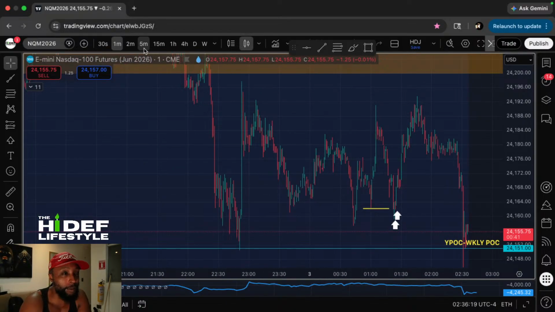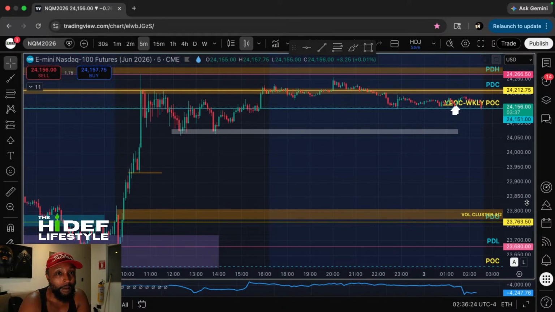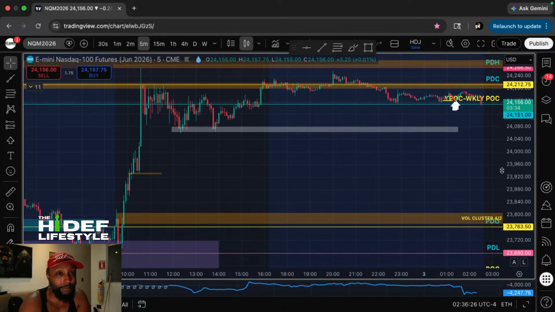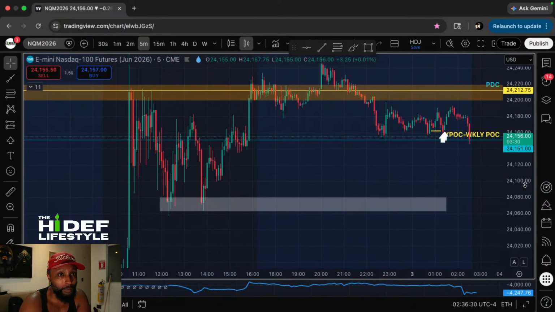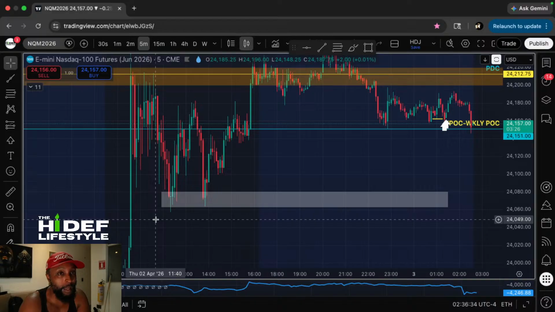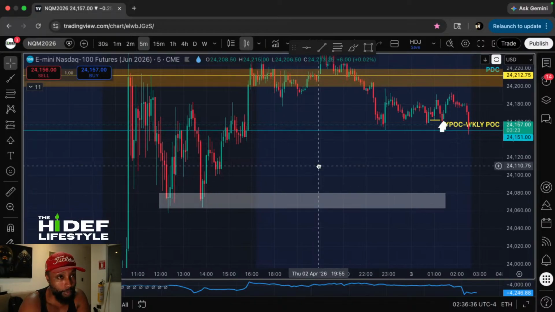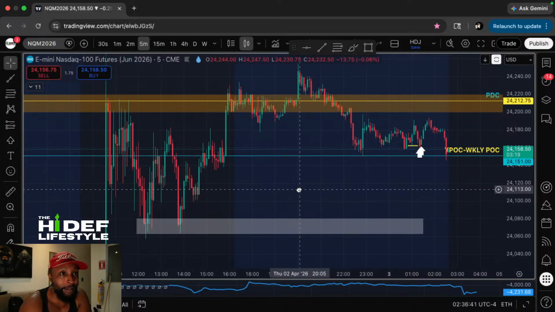So now let's jump to the 5 minute chart. So I feel like these lows, these are the lows that I was targeting earlier with those micros that I mentioned I got in.